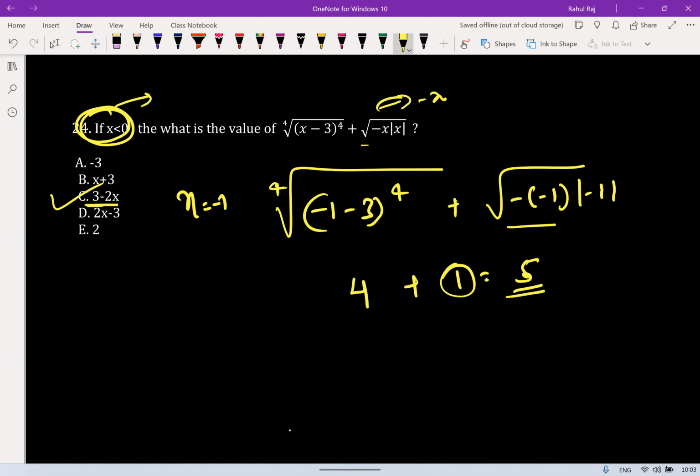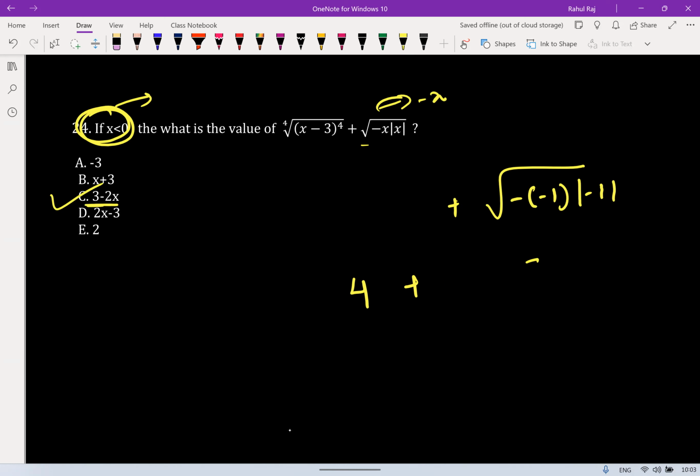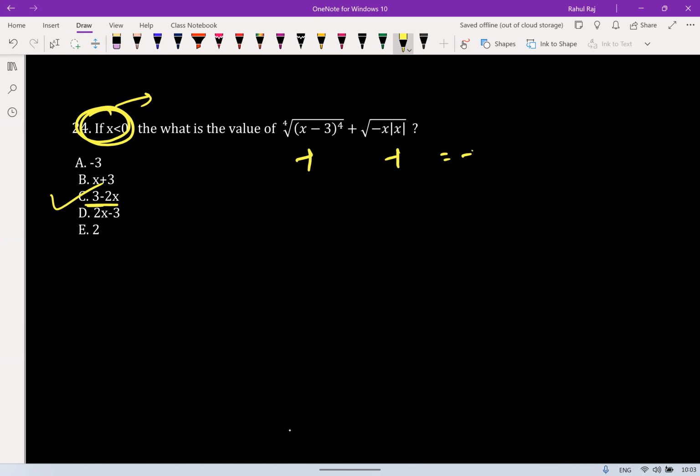And I've also told you there is a logic that we know roots can never ever be negative. It's always positive. Some positive result from here, some positive result from here, the end result is positive. It is given that x is negative. This is the only place where you put any negative value of x and you always get a positive value. So C is anyway going to be your answer.